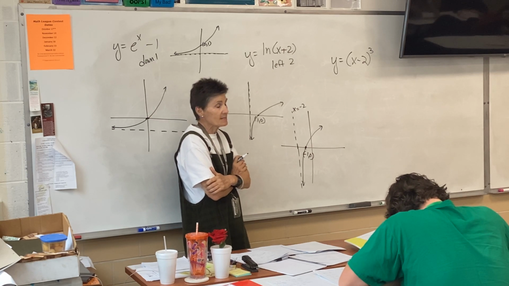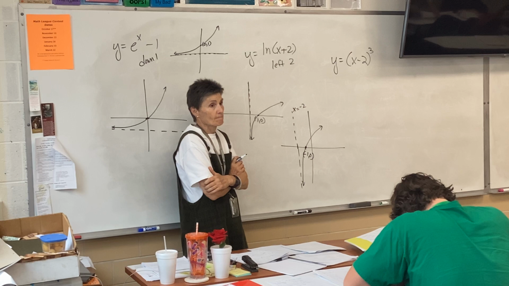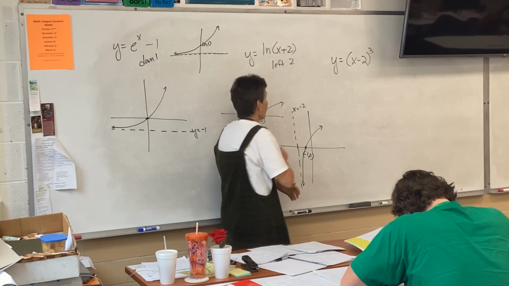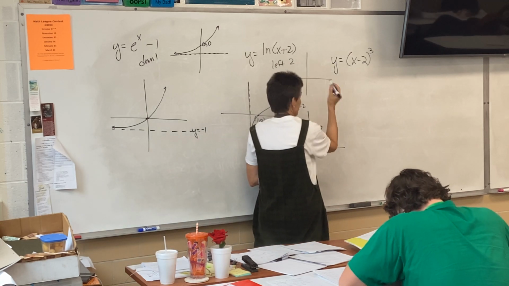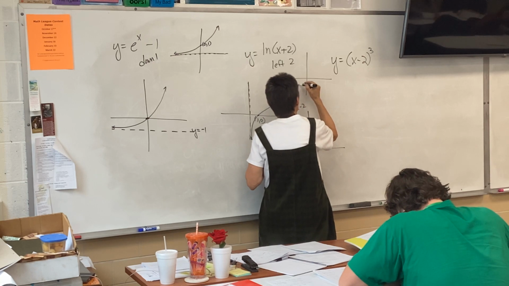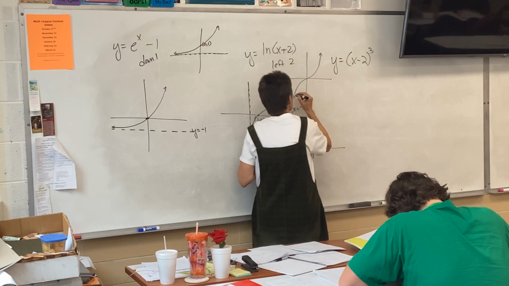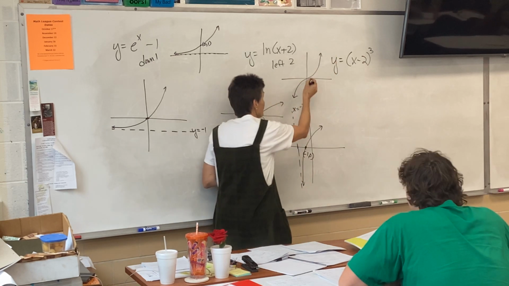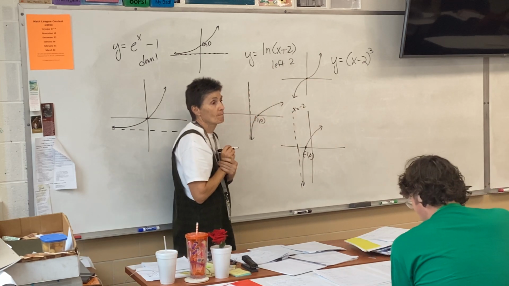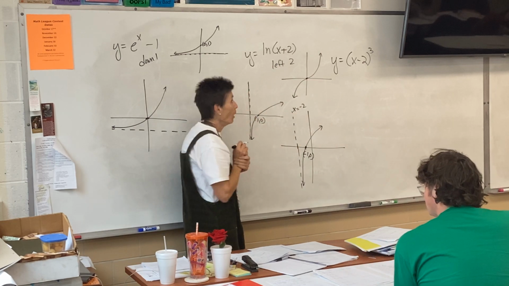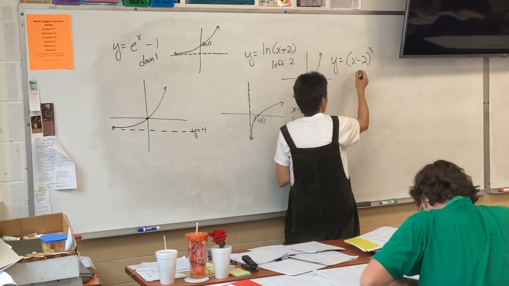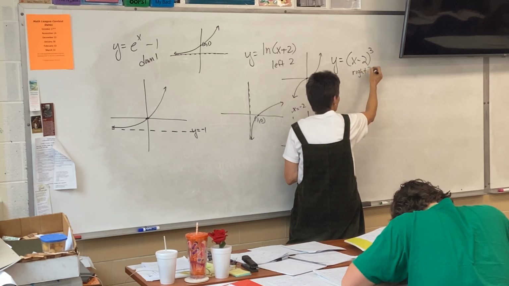Which BFF is this? Cubing. So the normal cube, this is the one some of you have trouble drawing, the normal cube does this through the origin. What am I doing to this? I am moving it right 2.